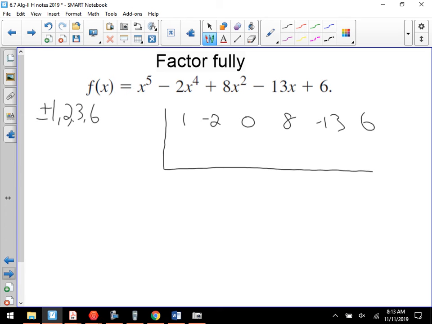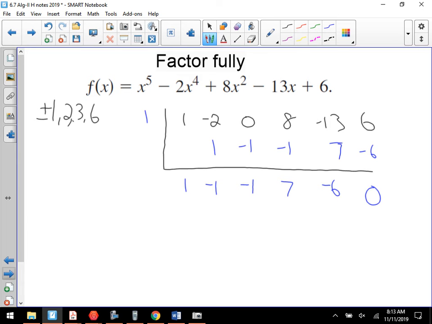Did you catch there was a 0 for the x cubed? Gotta have the placeholder there. Okay.